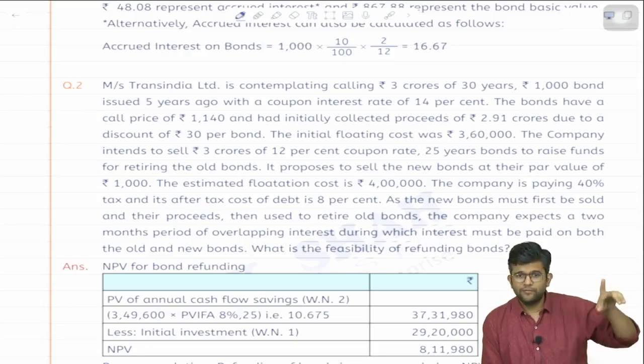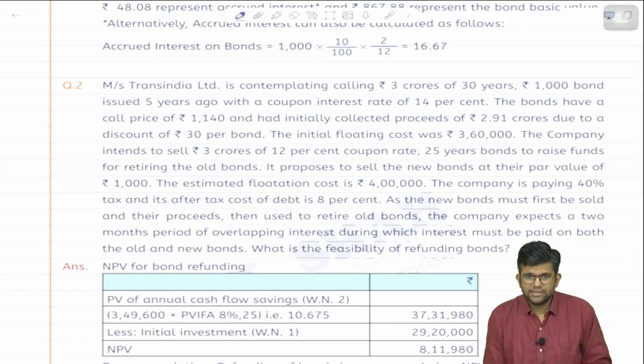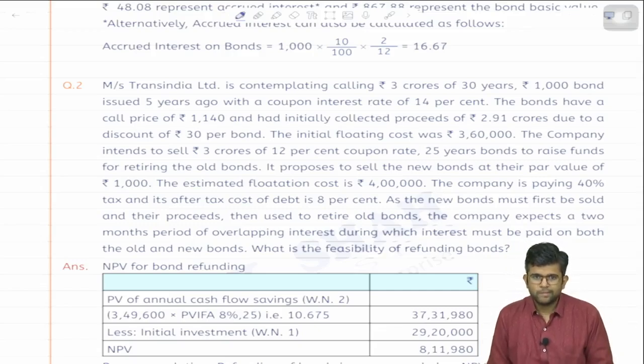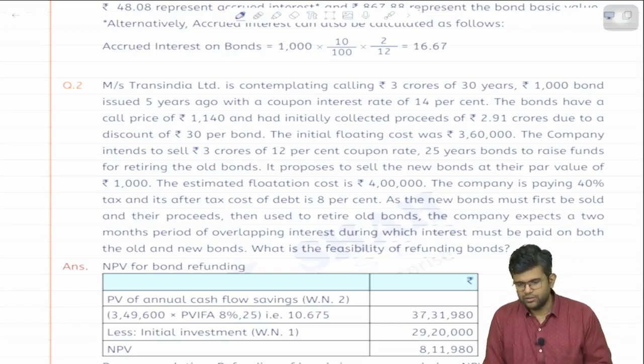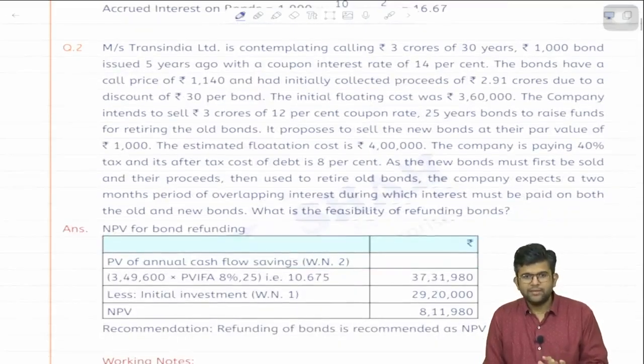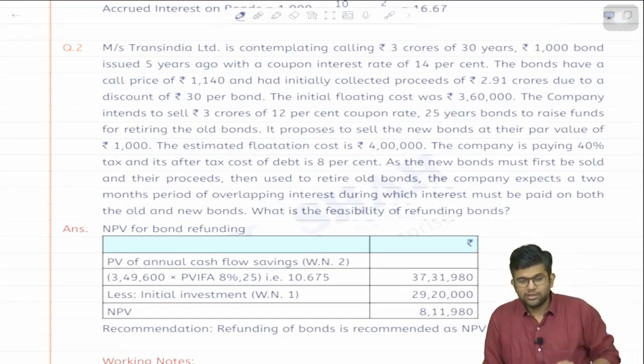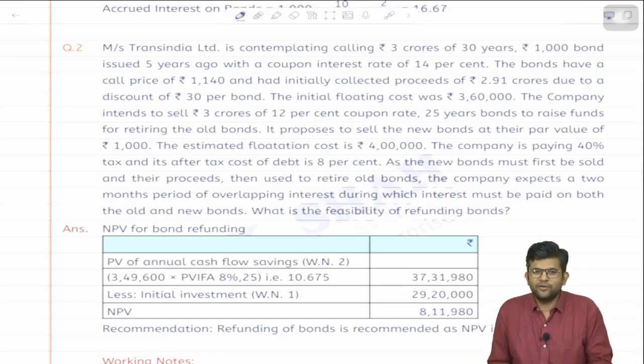The additional questions chapter I have kept at the end. Page number 243. Thank you. Can you see this question, MS Trans India? When you read and try to understand the solution, you will go into a trance. Read the question only, don't go to the solution. Just try to get a feel of what students before you have gone through.